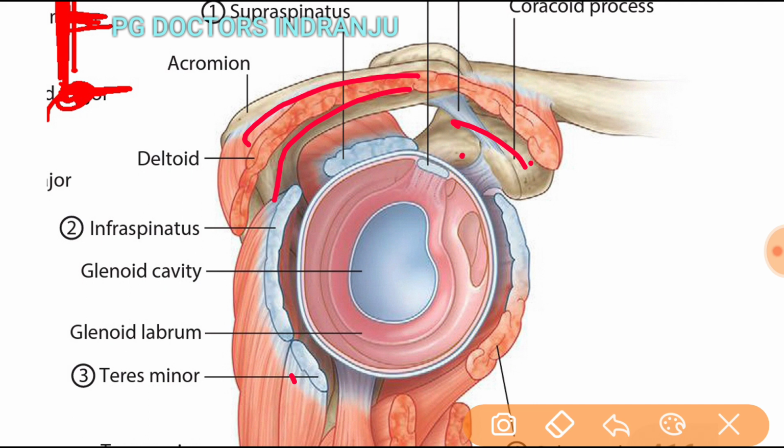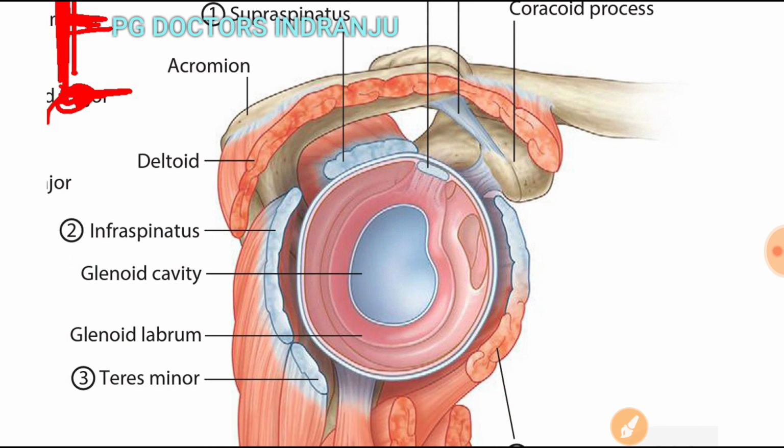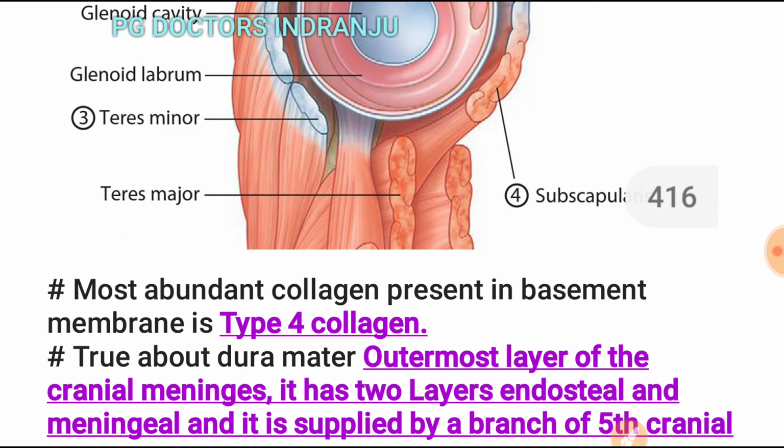The head of the humerus is fitted in the glenoid cavity, and stability is provided by the muscles supraspinatus, infraspinatus, teres minor, and another muscle, the subscapularis.